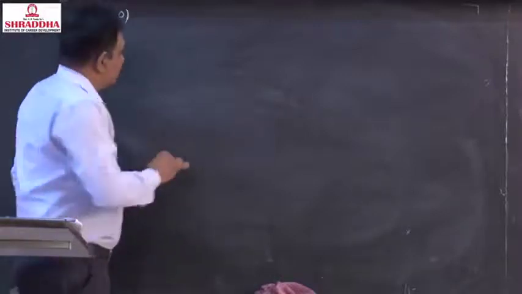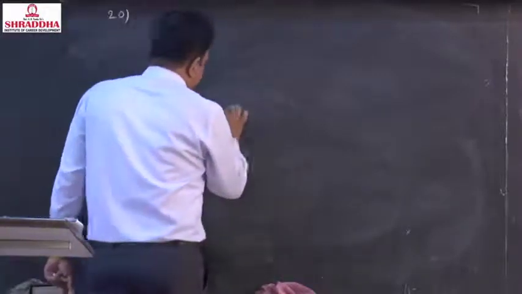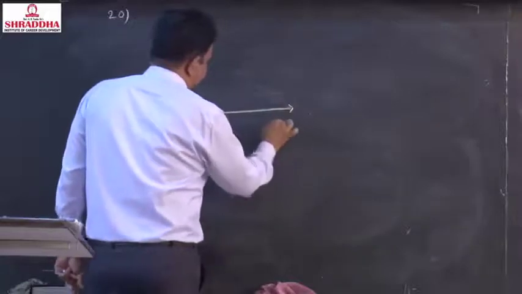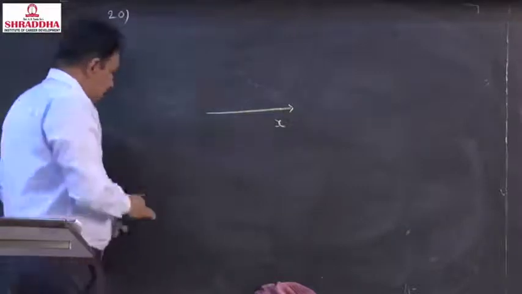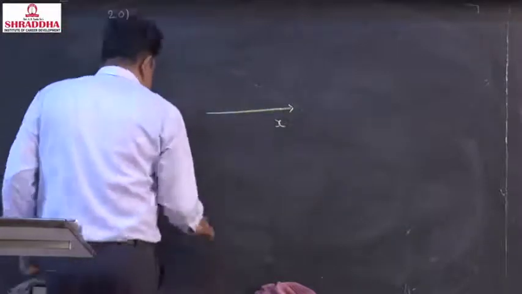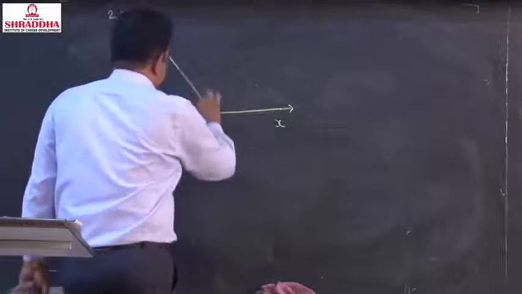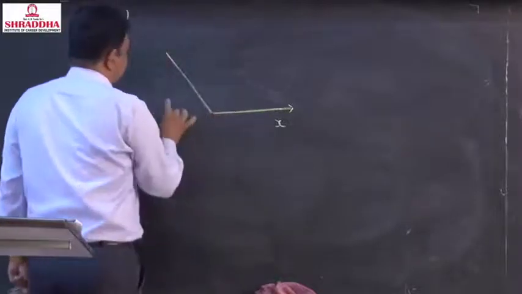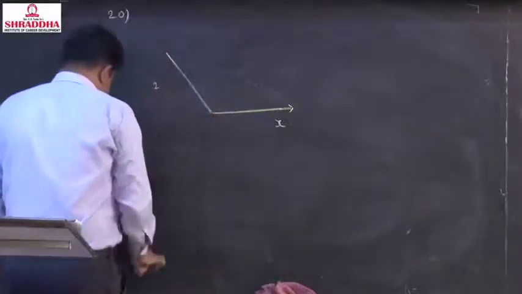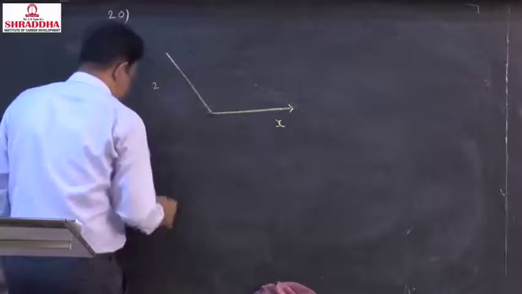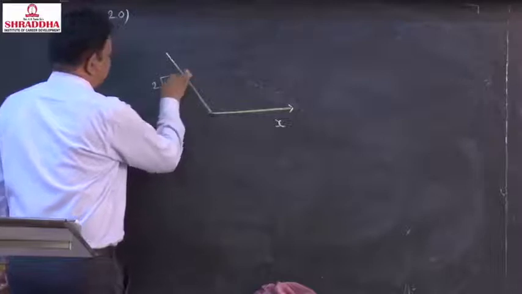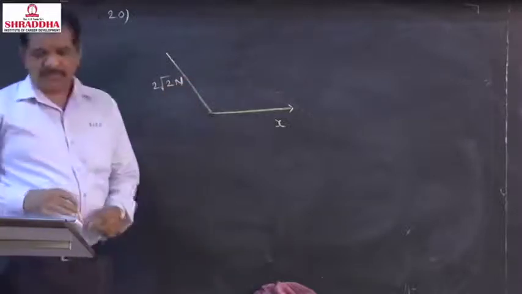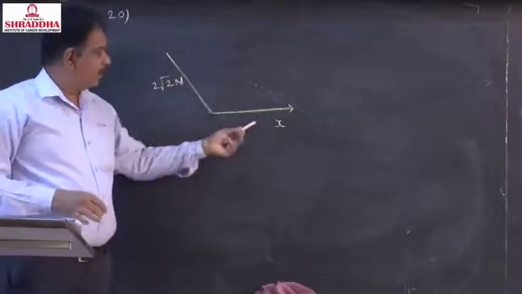See, one force is x, one vector is x, another vector is 2 root 2 Newton. One is x Newton.